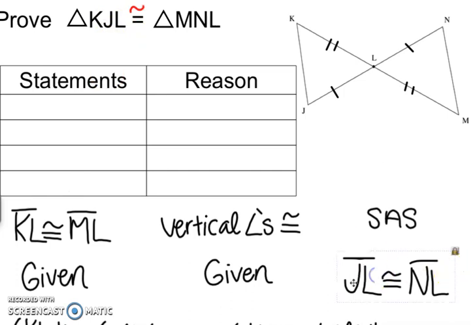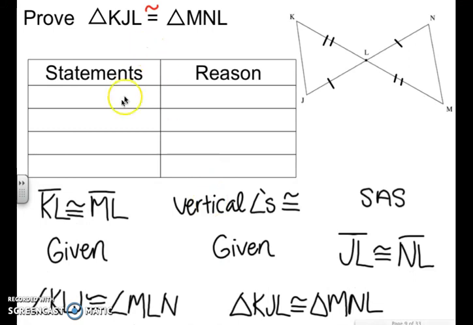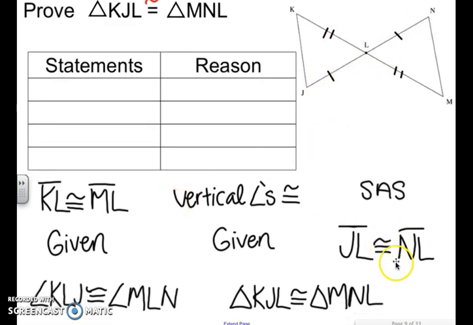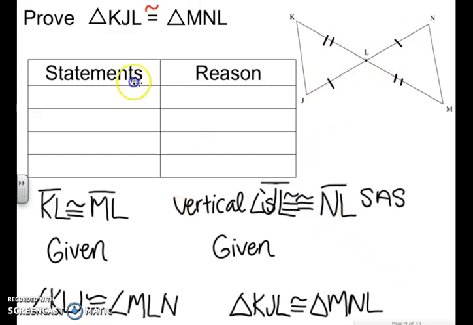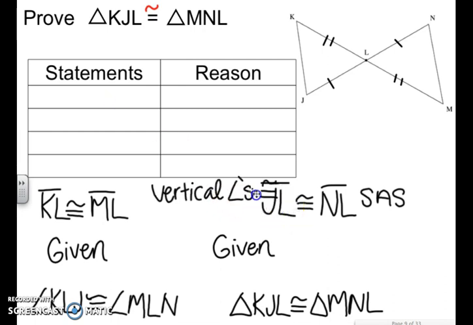So notice I have a lot of statements down here. And what I need to do is I need to place them into this left column or this right column, okay? So and a given is going to be this mark. So for example, see how JL is marked and LN is marked. Okay, let me find JL and NL, okay? Here it is.